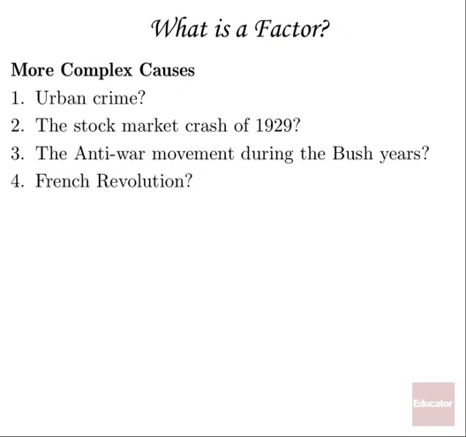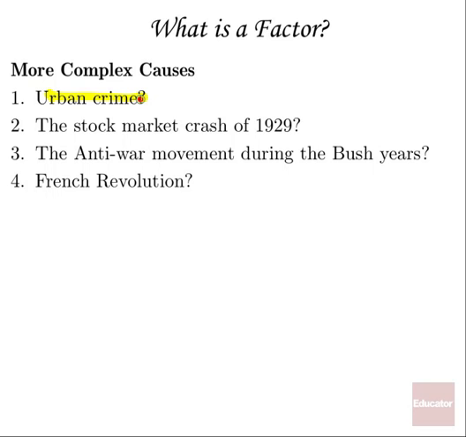But what about some more complex causes, some more complex things that we can think about, we can imagine, we can see? Here are some very complex effects that will correspond to many causes. How about urban crime? You can just Google it and think about, in your history books, something like the LA riots.